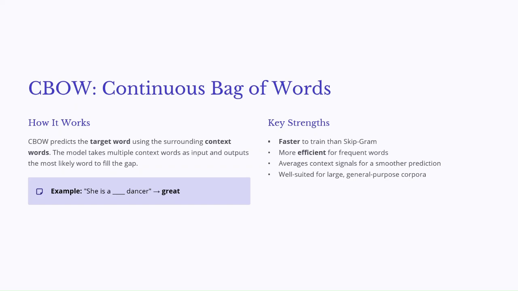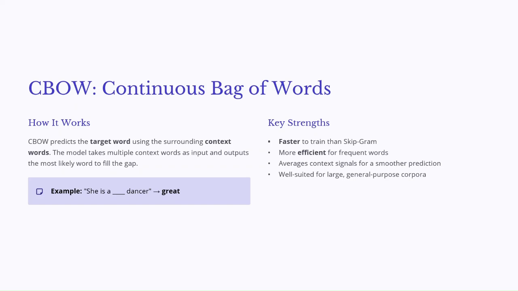Then Word2Vec uses two different types of methods. One is called CBOW, which is continuous bag of words. CBOW predicts the target word using the surrounding context words. The model takes multiple context words as inputs and outputs the most likely word to fill the gap. For example, "She is a dash dancer."